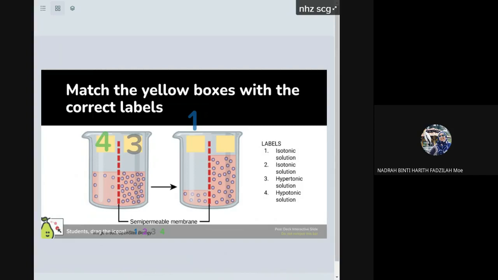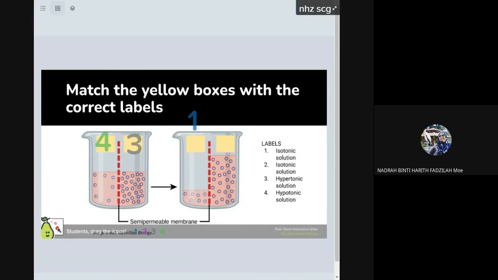Gambar sebelah kiri ni ialah gambar sebelum di mana we have two different solution, same volume but different concentration. Solution yang saya label 3 tu has a lot of solute but low number of water molecules.